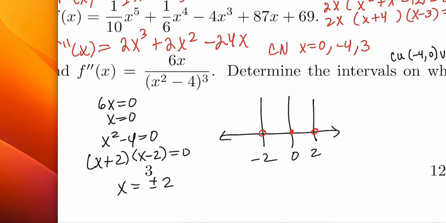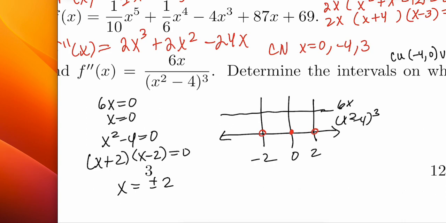Most likely they are undefined all the way back to the original function, because as we take that derivative, the original might just have x squared minus 4, and then the next one might have that squared, and the next one might have it cubed. So mark those as points that are not included. Now, let's put our factors to the side. I'm going to leave them just top and bottom. It'll simplify things a little bit.